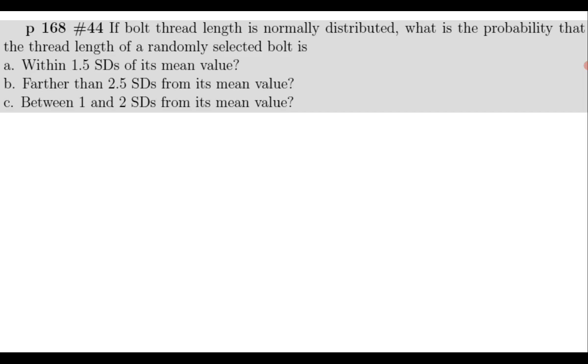If you see here, we are asked that mod x minus mu is less than or equal to 1.5 sigma. Because when you talk about within this range, if I take sigma on this side, this becomes mod z is less than or equal to 1.5.